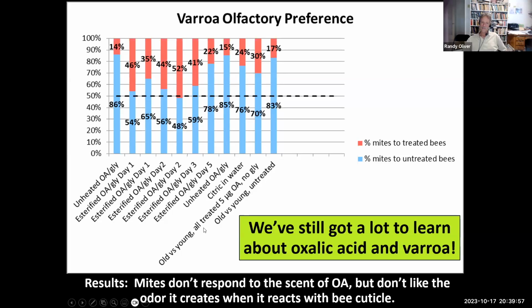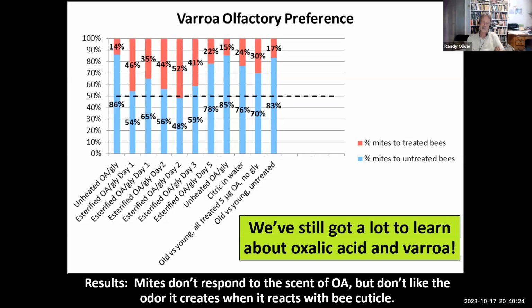But if you treat them all with oxalic acid, they still can tell, even with the oxalic acid in there. But if you just put oxalic acid on the bees, the mites show a very strong preference, or repulsion, from the bees that had any acid on their bodies.